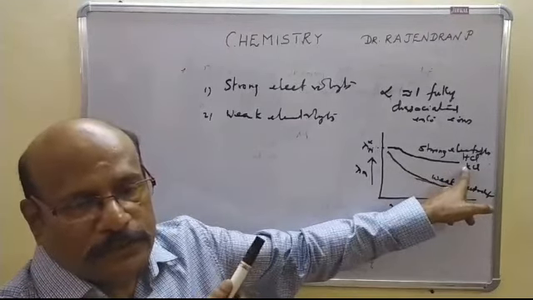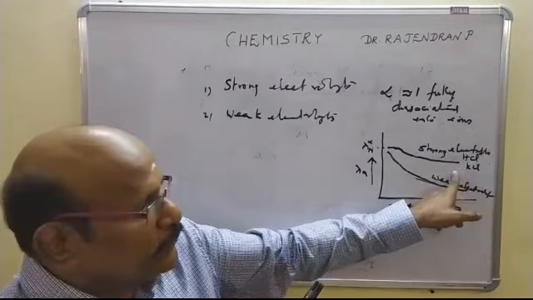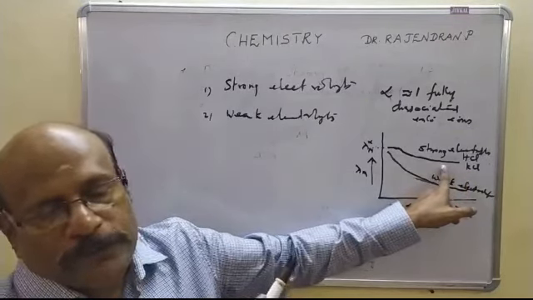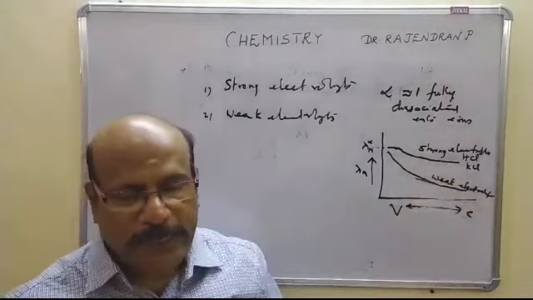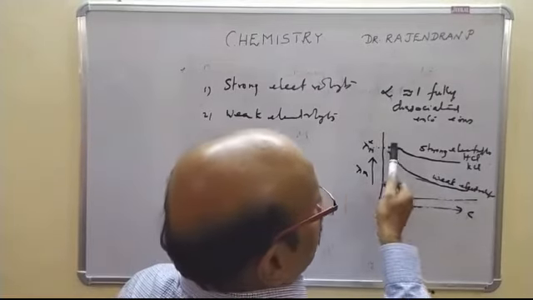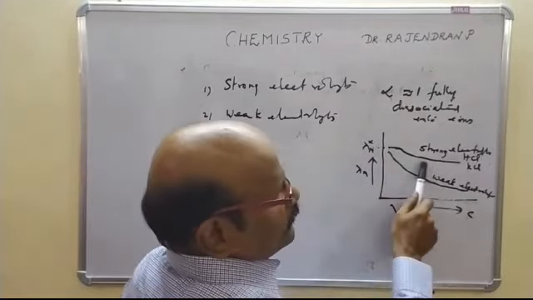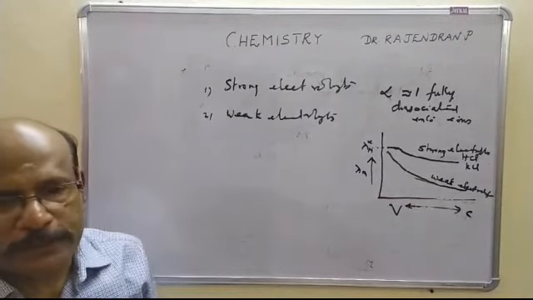With the increase of dilution, no further free ions are produced, because the electrolyte is almost fully ionized. And finally it reaches a limiting value. So this variation we cannot explain. Okay, that is the case of a strong electrolyte.